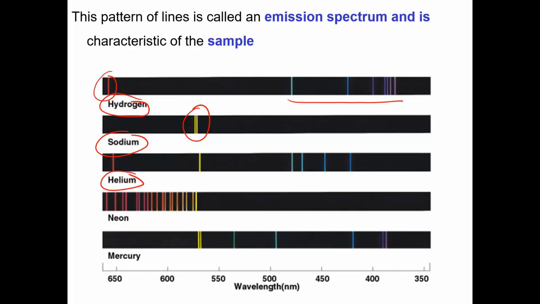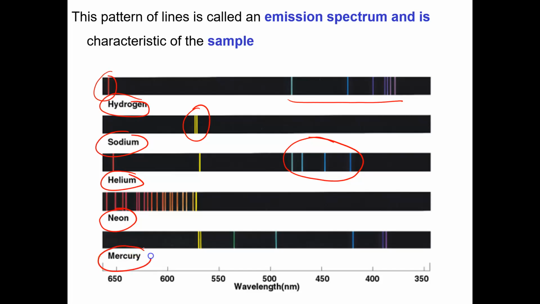Helium doesn't look too much different from hydrogen, but there's enough difference in the complexity of the spectra to distinguish it from hydrogen. Neon, as you can see, has a bunch of lines in the red, orange, and yellow, which add together to give it that characteristic pink color.